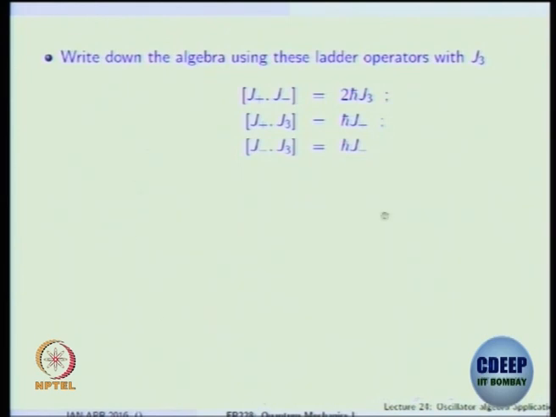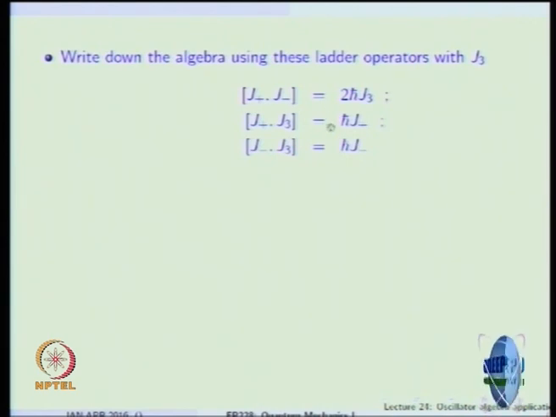So, the same algebra of Jx, Jy, Jz which we wrote, I am trying to rewrite: J plus with J minus, which is like your A and A dagger. Something wrong? Both of them are minus? Yeah, sorry.